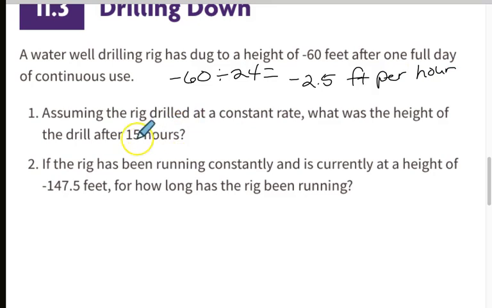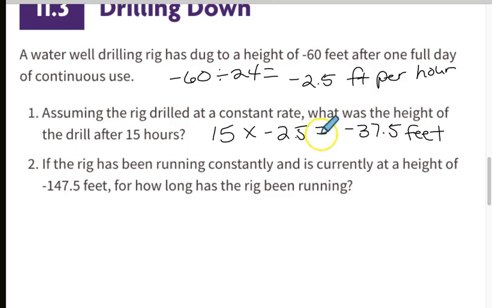Then we can say, after 15 hours, so 15 times negative 2.5 equals negative 37.5 feet. So that's how far it would have drilled after 15 hours. Because we needed to figure out first how far it would dig per hour.